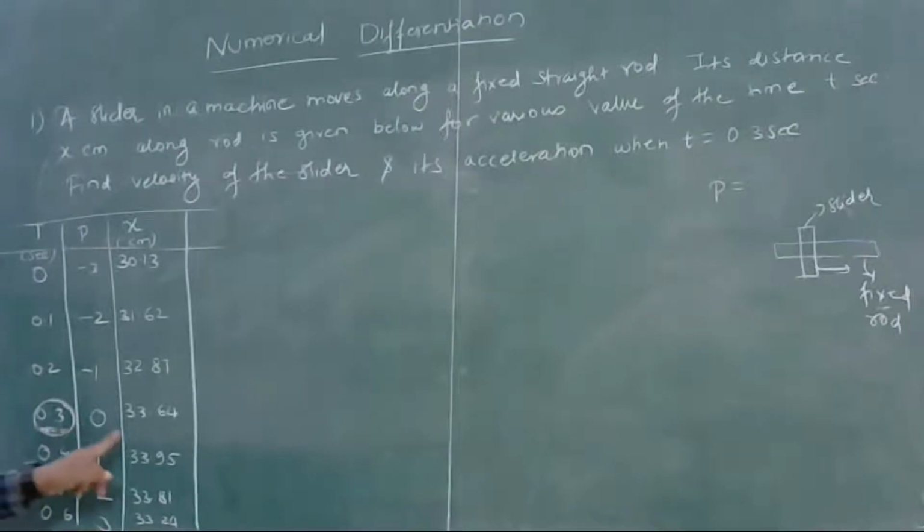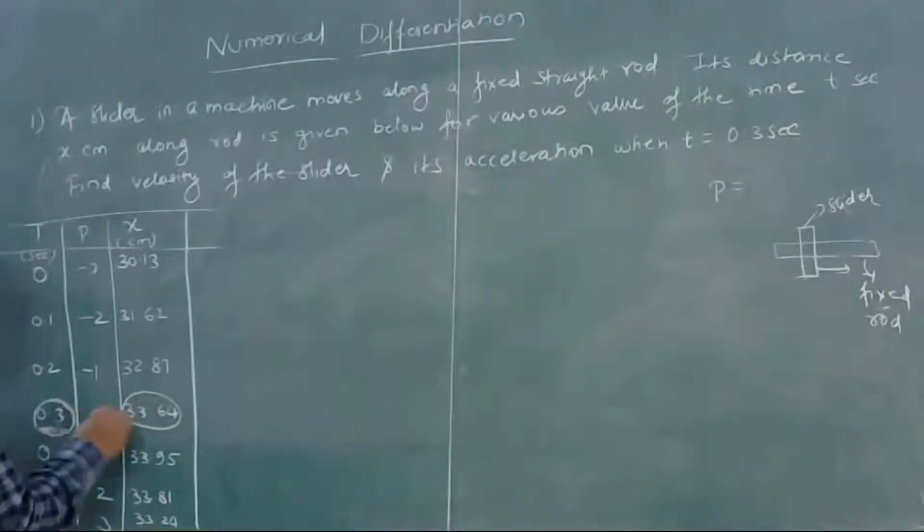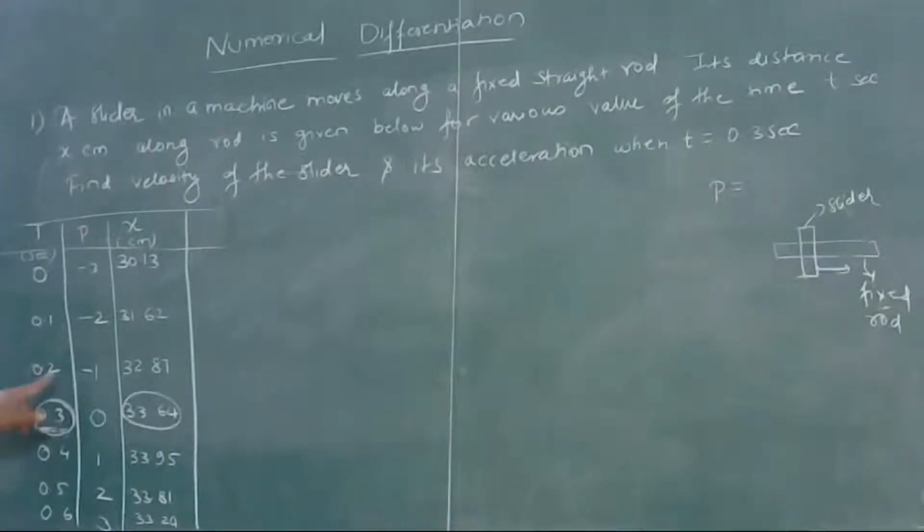So corresponding to this will become our x naught, okay, and this will be t. So this will be t minus 0.3 divided by 0.1 gives you 1. So this will be minus 2, minus 3. This will be 1, 2, and 3.